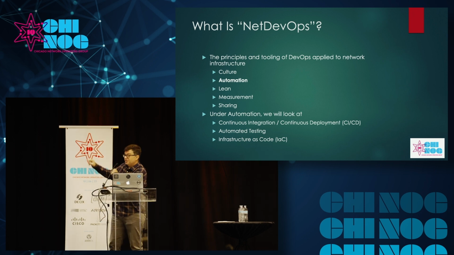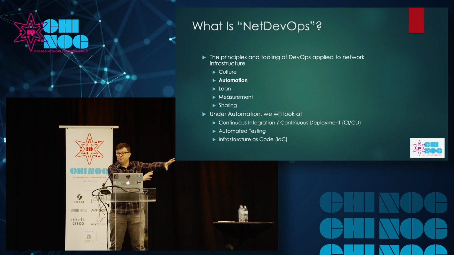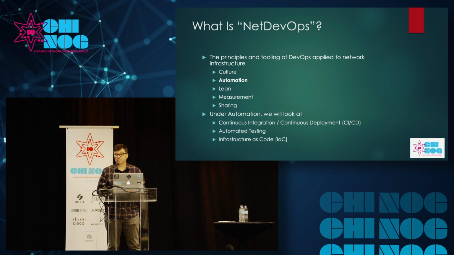But I want to call your attention to the culture piece, because that's something that really bit us when we started doing this. It's trying to get people out of the mindset of doing things manually. It's so easy to SSH over to that device and just make a quick change. It's the mindset that we need to be in, that we're following the process. That way we can ensure that we're able to deploy successfully without an outage in the middle of the workday.